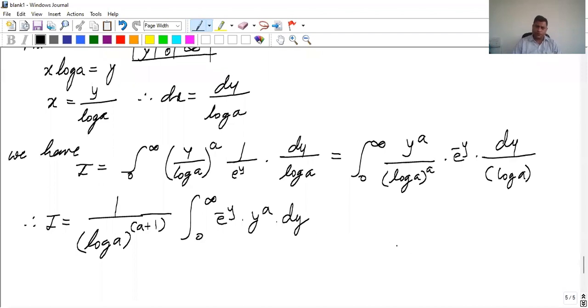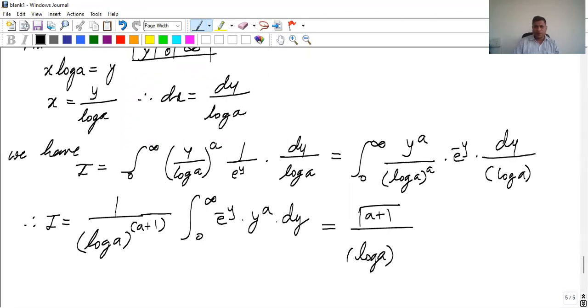Is that okay? So compare this integral. What is this integral going to be? Gamma of a plus 1. Right. So it is going to be gamma of a plus 1.